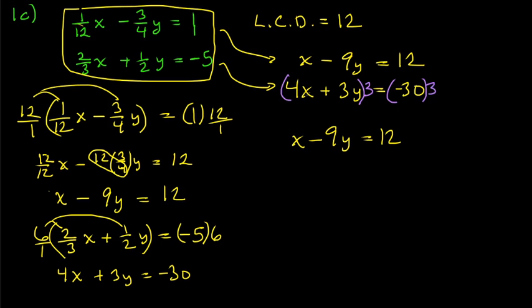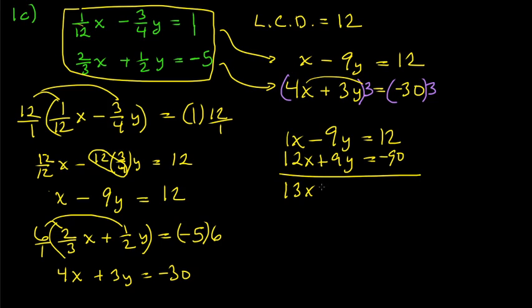So 3 times 4x is 12x, and 3y times 3 is 9y, and negative 30 times 3 is negative 90. So when we add everything up, we get 1x plus 12x is 13x, negative 9y plus 9y is 0y, and 12 plus negative 90 is negative 78.